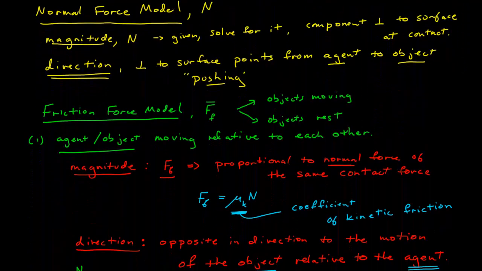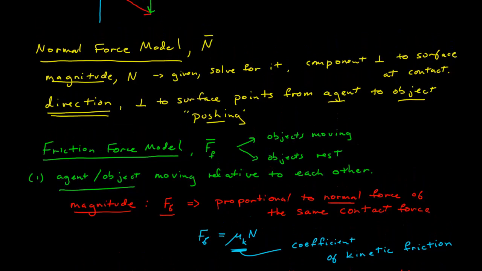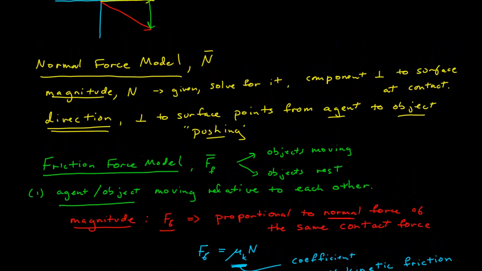And then you have to identify whether the two objects are moving relative to each other or whether they're at rest. And that depends on which frictional force model you use. And then the normal force model is the same in each case.